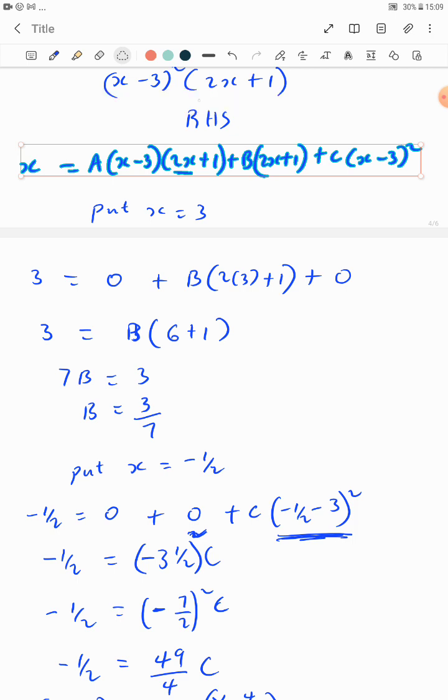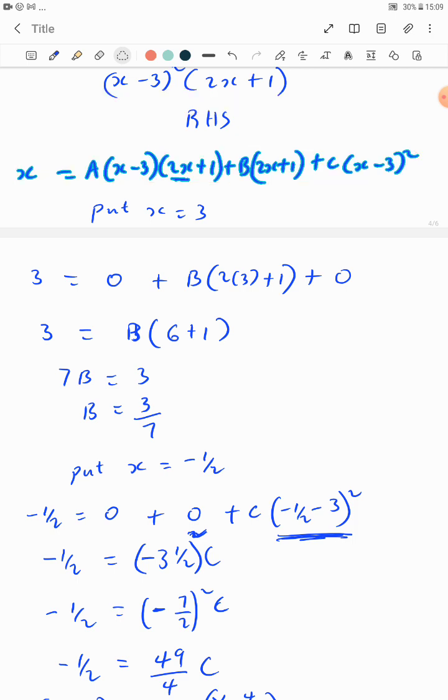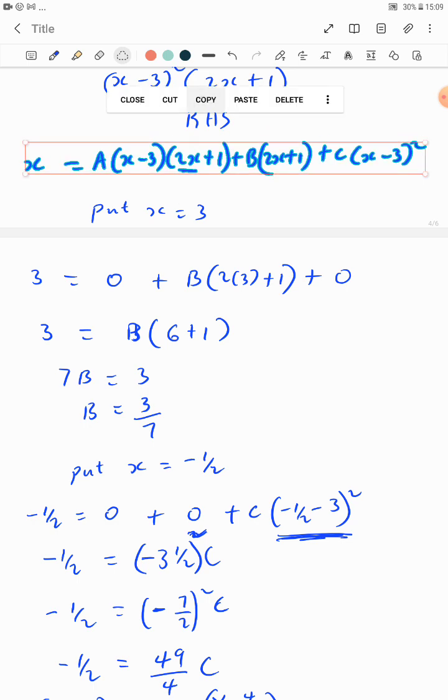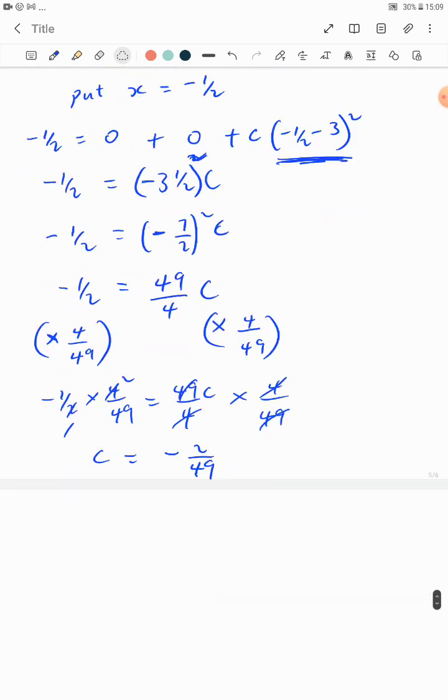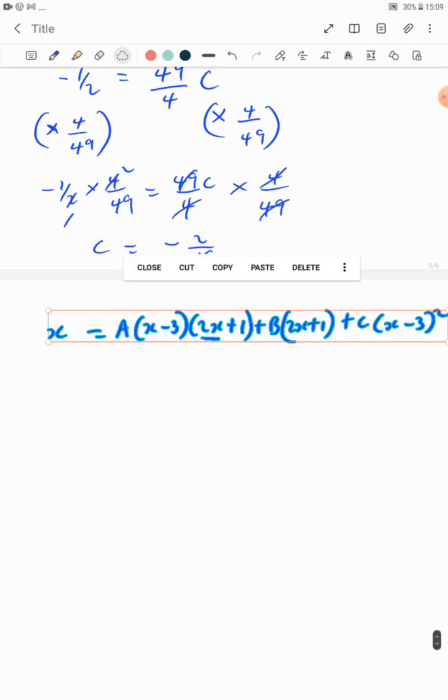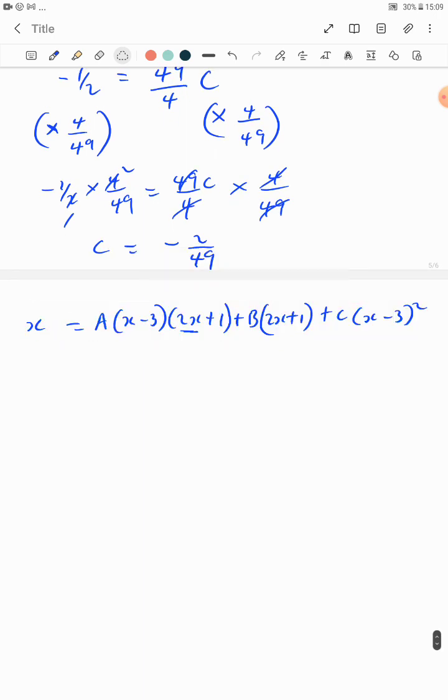Okay, so we have it copied now, so we can easily expand it. So that's x equals a.